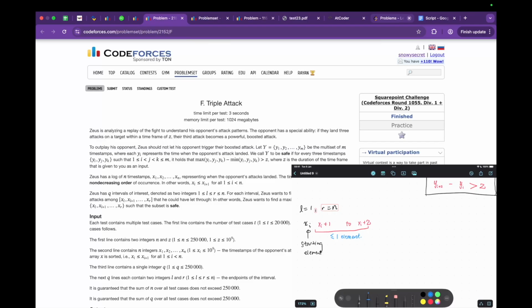But that's basically saying for the next element, we don't really have a constraint. We can choose it from anywhere, but we cannot choose more than one from the range xi plus 1 to xi plus z. So yeah.